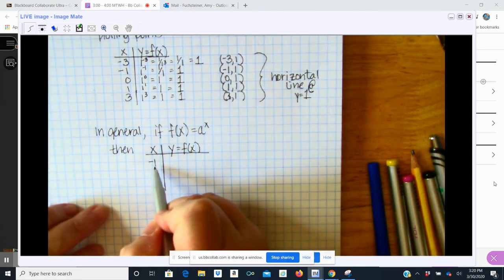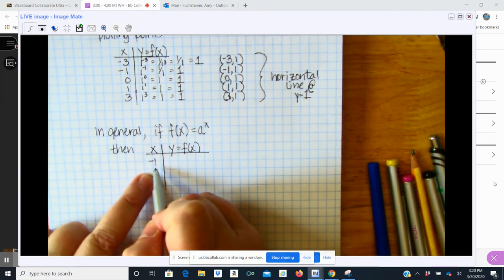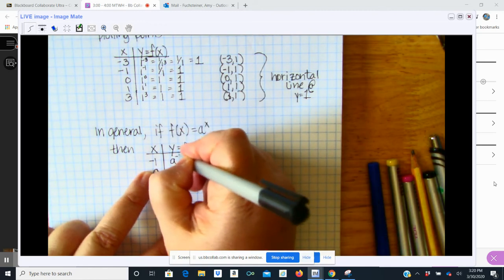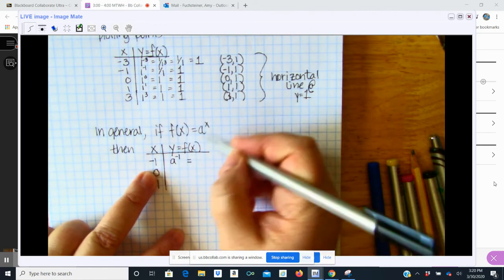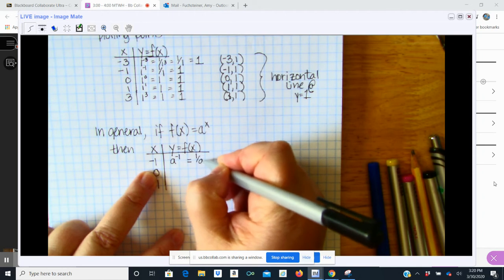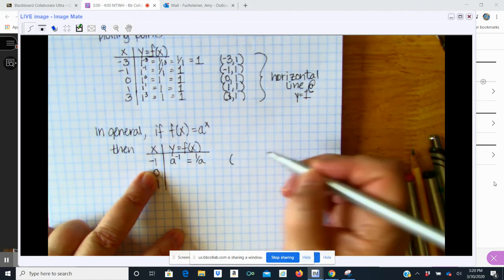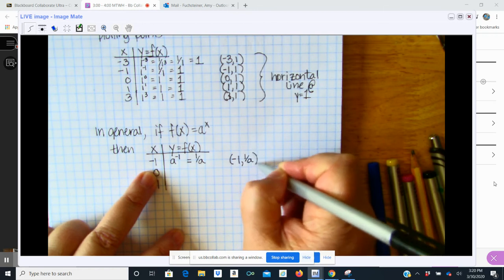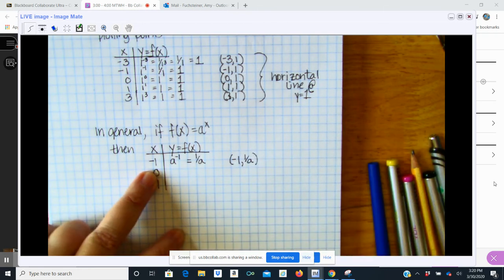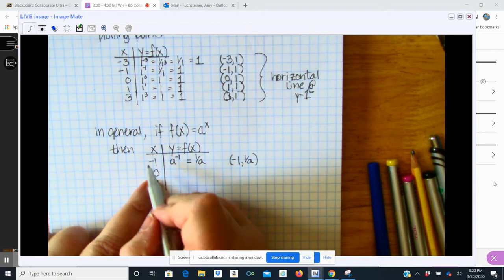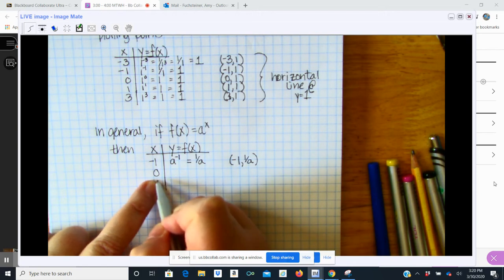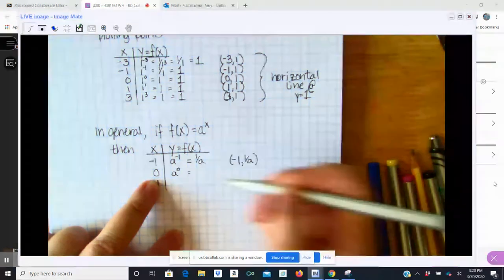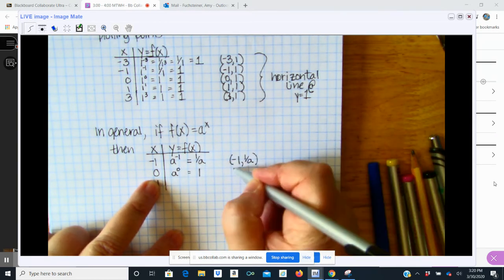Right? If I let my x be -1, then my f of x would be a to the negative first, which is the same as 1 over a. And I will have a point at -1, 1 over a. If I let my x equal 0, then I have a to the 0, which is just going to be 1.